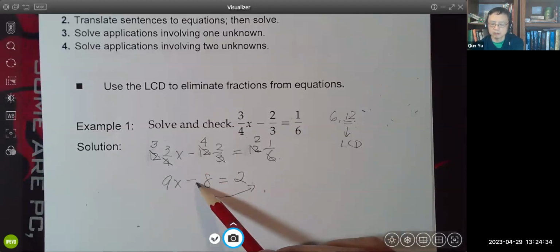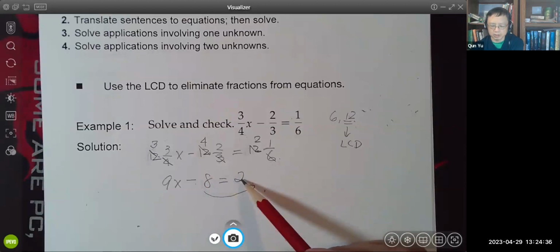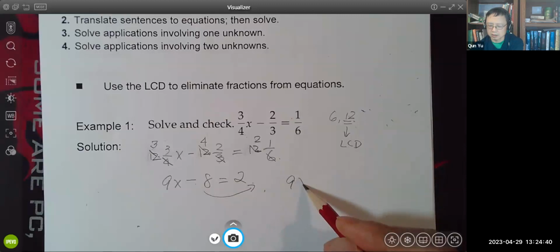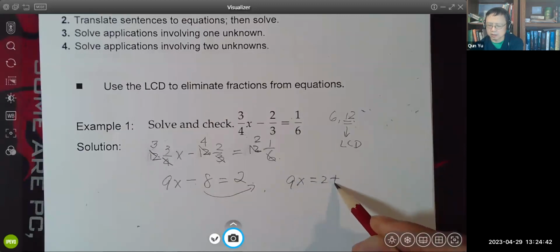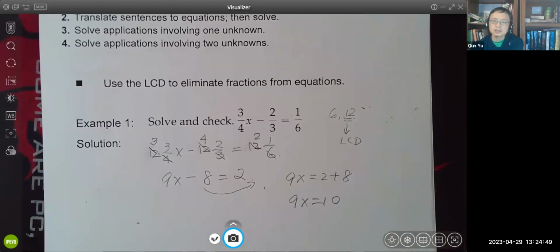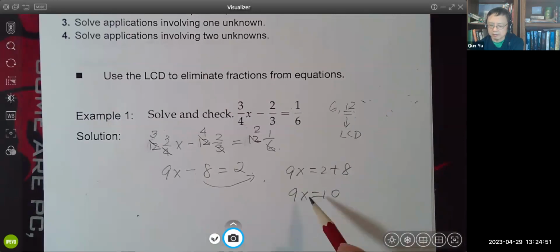So 9x equals 2 plus 8. Now that is 10. So 9x equals 10. Now we just have one more step to get x. We divide by 9 on both sides. So x equals 10 over 9.